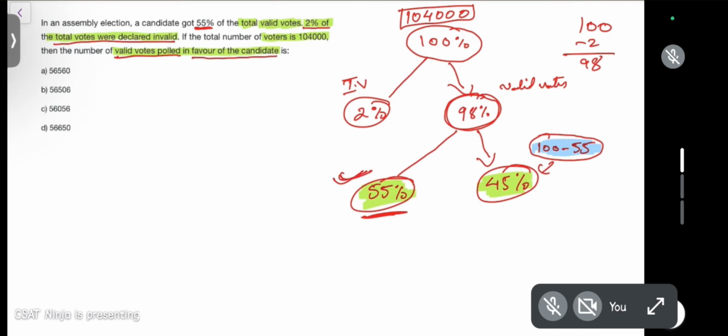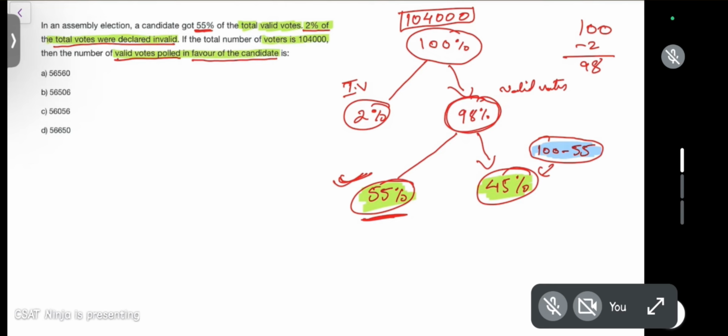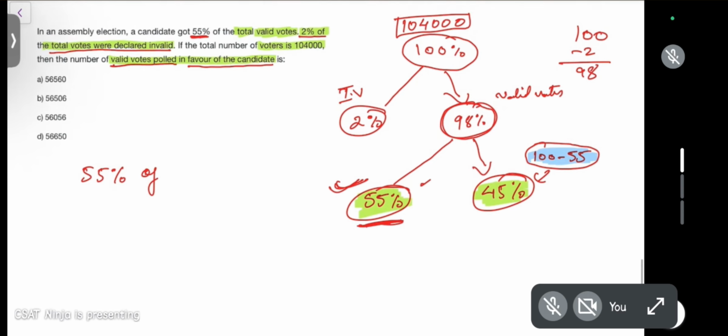So how do we find this? The easiest way is this. How much are we getting? 55% of how much? 55% of 98% of 100% is how much votes? It is 104123.